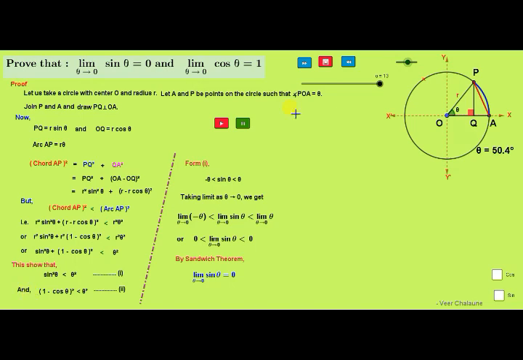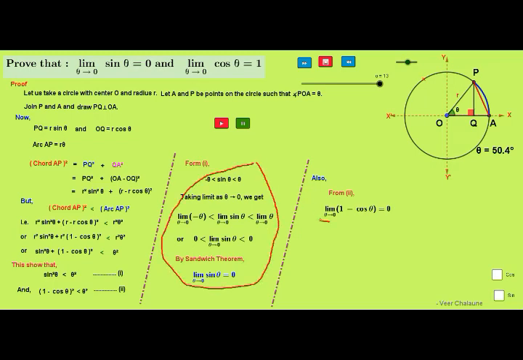So similarly, from equation second, same. If we get the limit from equation first, as theta tends to 0, sine theta equals 0, and from equation second also, likewise, we will get this value definitely.